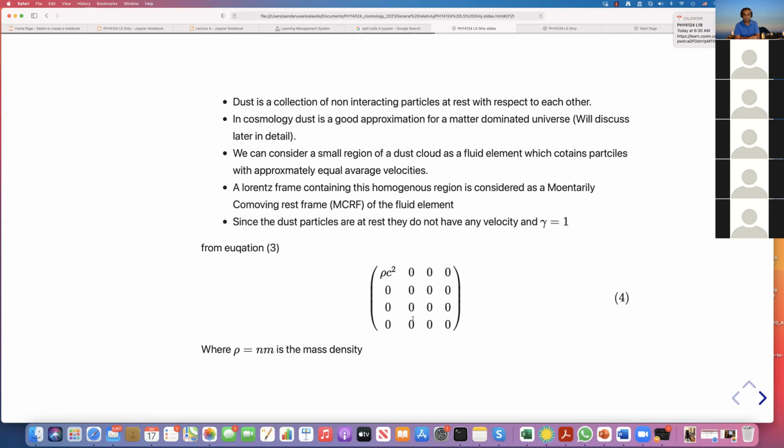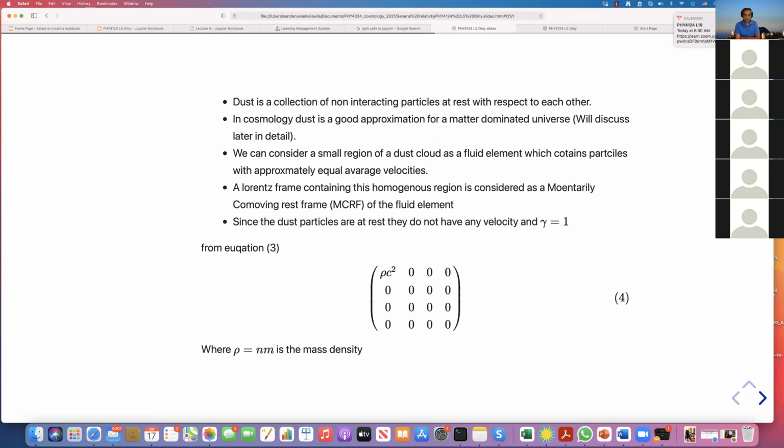Which means you will have only the first component of the tensor and all the other components will be 0. This is due to the fact that all these non-interacting particles are at rest, and I have explained why you get 0 components except the very first one.